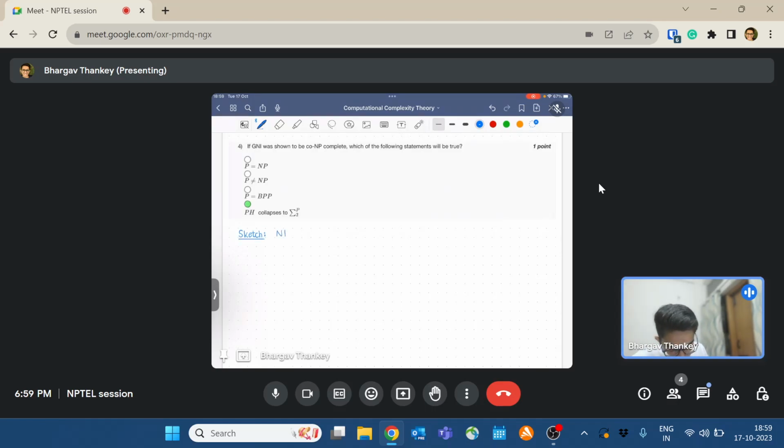Okay, so you first define this class NP/poly, where Cn takes n plus p(n) inputs, for some polynomial p.